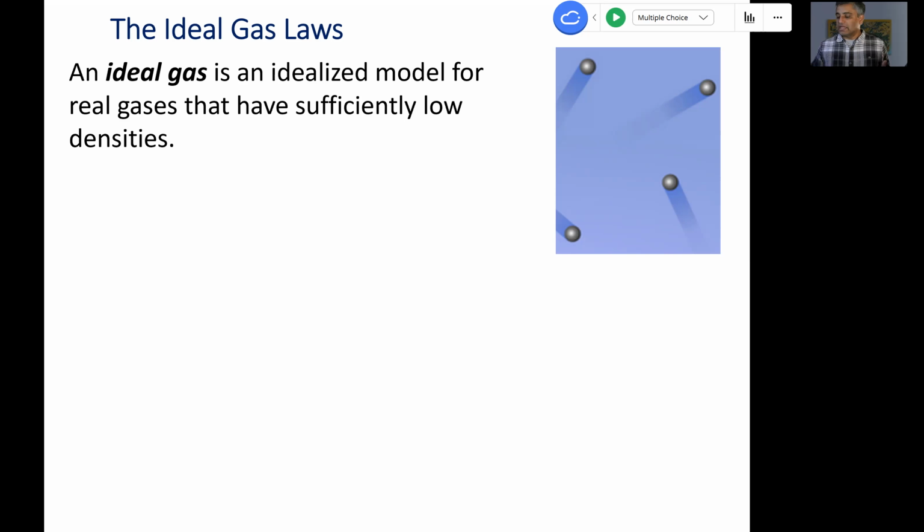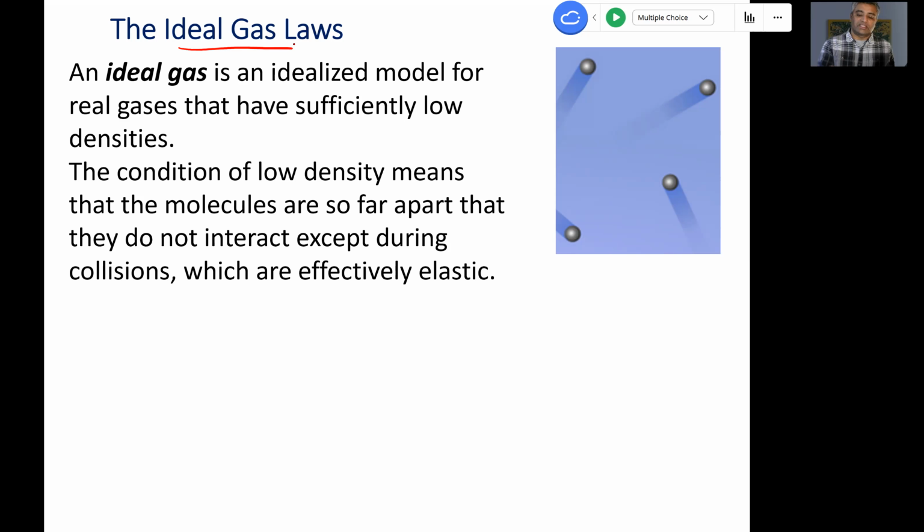Now, if we assume these molecules, when they are in gaseous form, are far from each other, and the interaction between them is negligible, then things become a bit easier. So by doing that, we are idealizing it. That's what ideal gas means. Ideal gas means these gas molecules are far from each other.